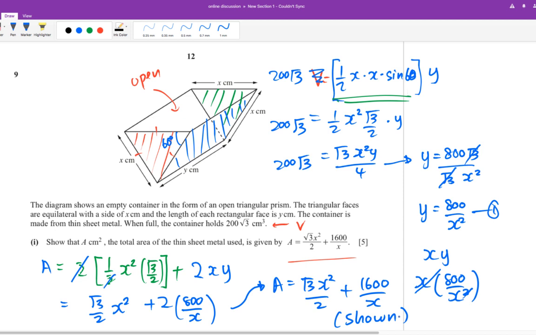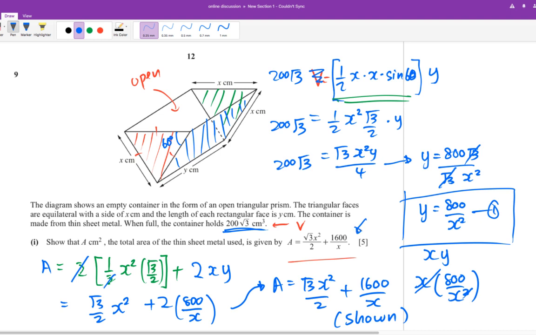It's not too difficult, but the problem is, do you know you need to form the first equation using the volume information, and then make y the subject? Why do I know I need to make y the subject but not x? Because the area expression here is in terms of x.